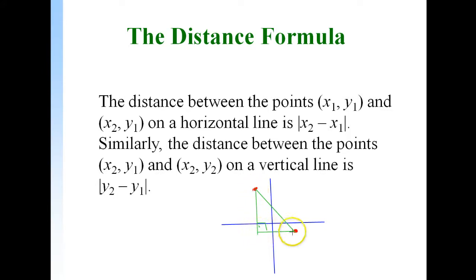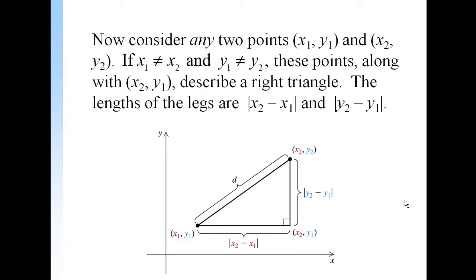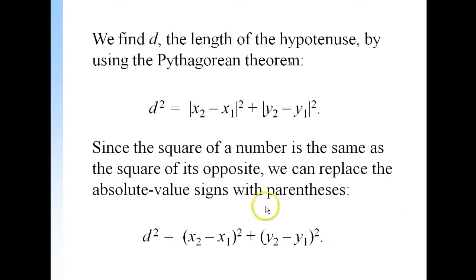How many units is this? How many units is that? And using the distance formula, and there they're showing it to us in some detail, there is the distance formula.